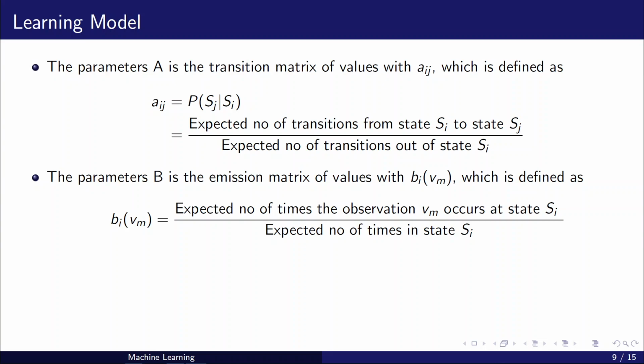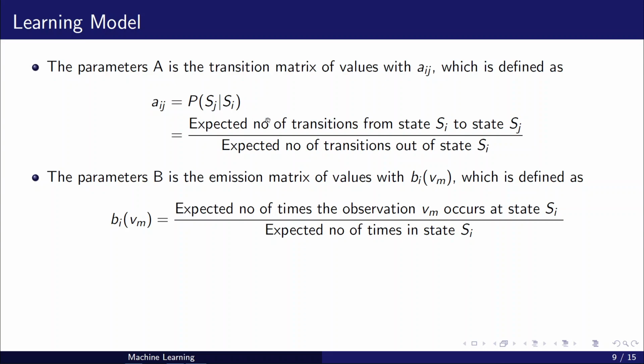So these are the two parameters A and B. The first parameter is Aij, which represents the transition from state i to state j, and the second parameter is Bi(vm), which represents the emission probability, that is, the probability that you observe vm at state i.